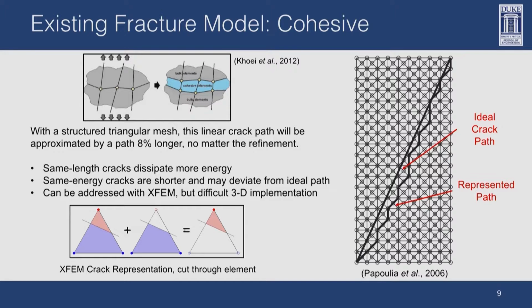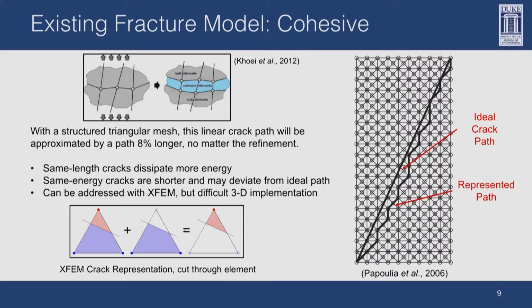So in this approach, we take our regular finite element mesh, and anywhere a crack may open, we insert zero-length cohesive elements between them. And the opening of a crack is governed by what is called the cohesive law of these cohesive elements. So that inserts a certain toughness which corresponds to actual crack opening properties.